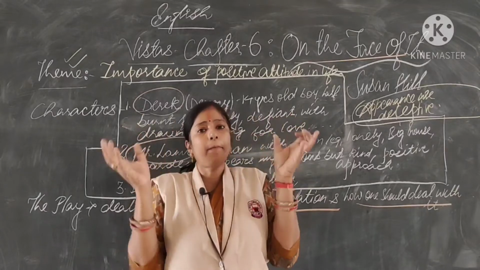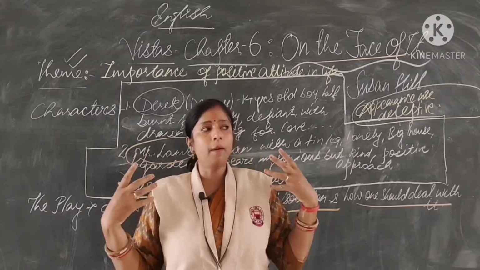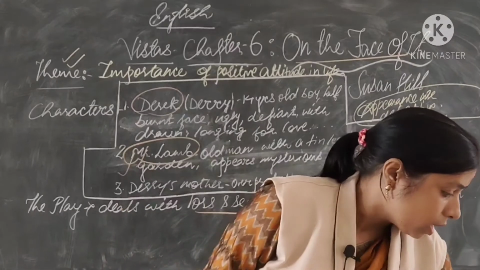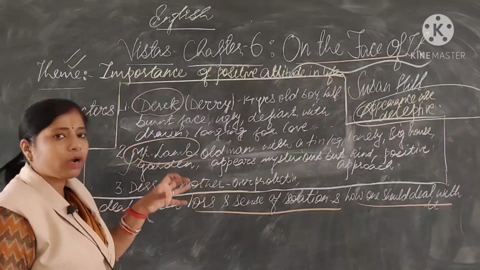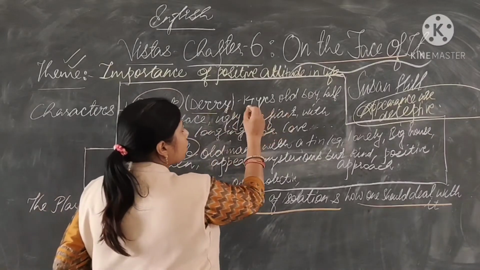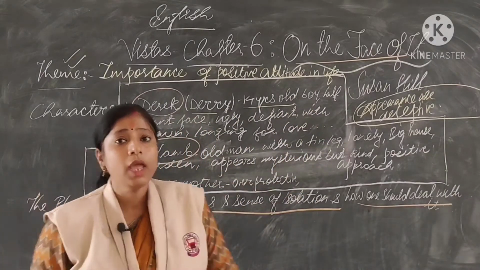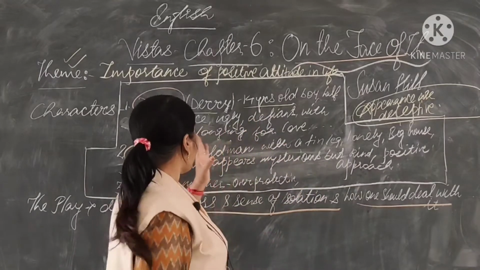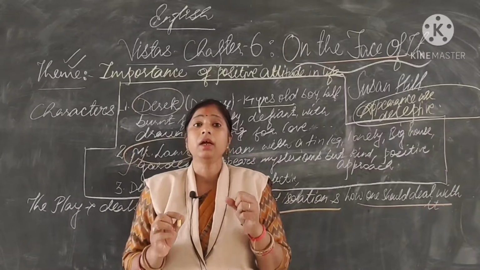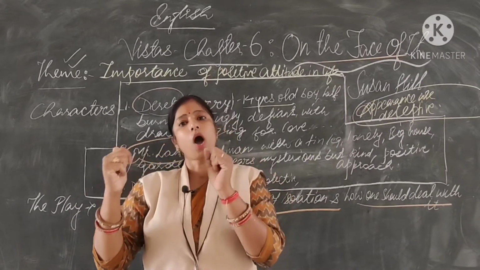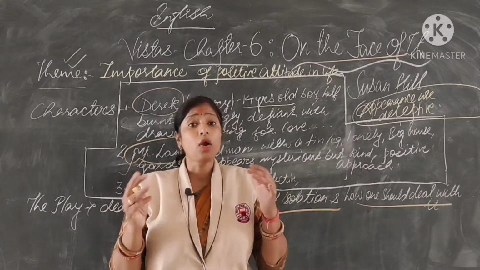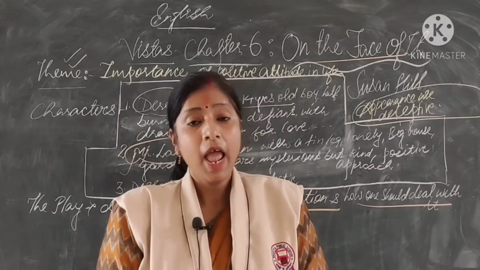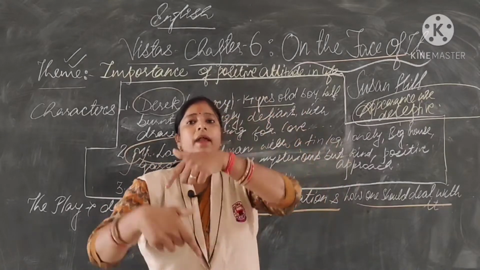So we will see in the play what the story is. The basic story of this play is Derry, a 14-year-old boy, and his half face is burnt. For that reason he does not want to go outside. He does not want to go near people. Why? People make comments on him, and that's why Derry runs from here and there.